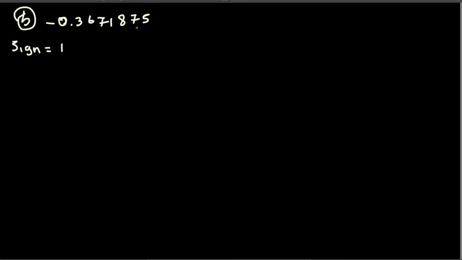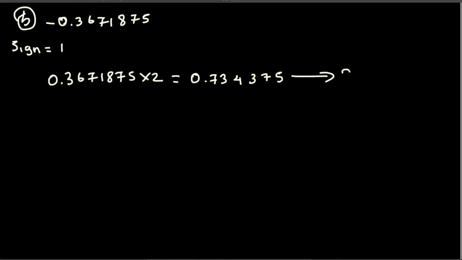To find the mantissa and exponent, we have to convert this into binary. So I bring the positive part, 0.367875, and multiply by 2 until I get 0.0. Multiplying by 2 gives 0.734375, and here we have 0, and we put it right here.